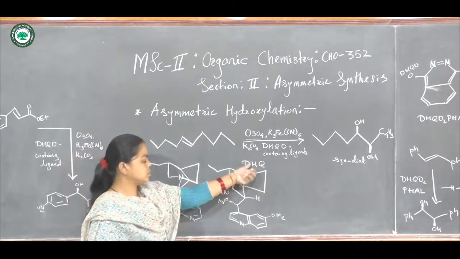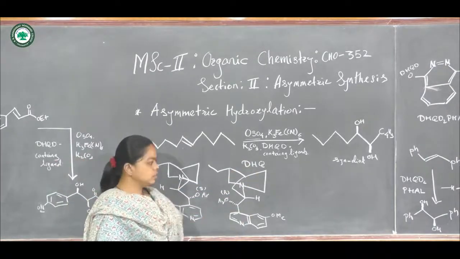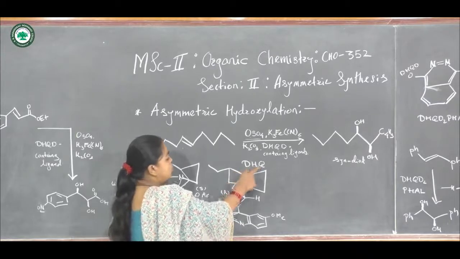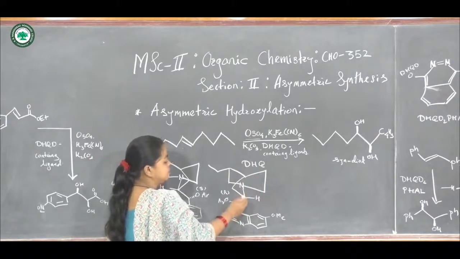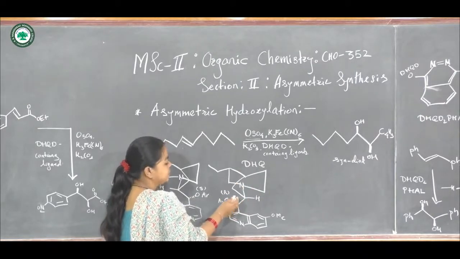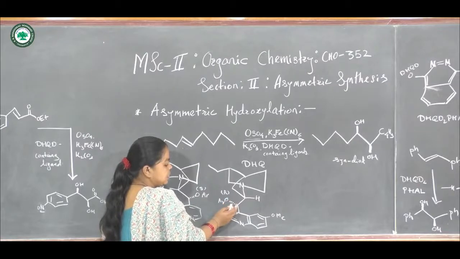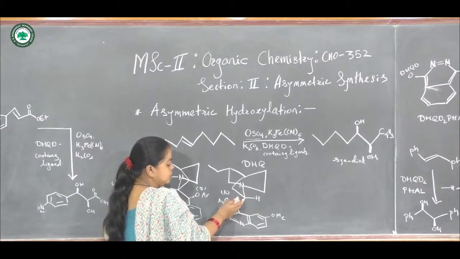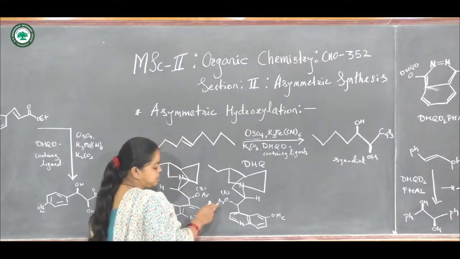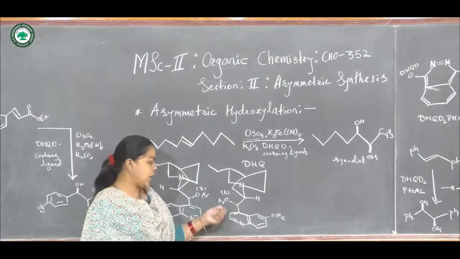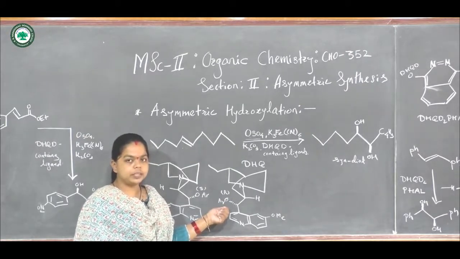So this is the structure of the DHQ compound. Now we can see here, this is the dihydroquinine compound. This is the quinuclidine ring, and it is attached to a carbon atom. Here a chiral center is present, to which an OAr group is attached. Here Ar is not aromatic, it is hydrogen.